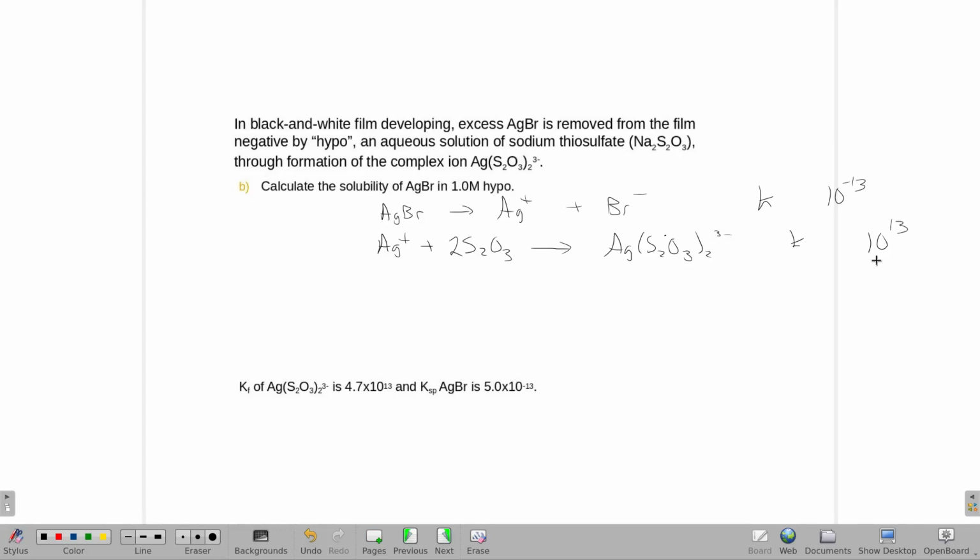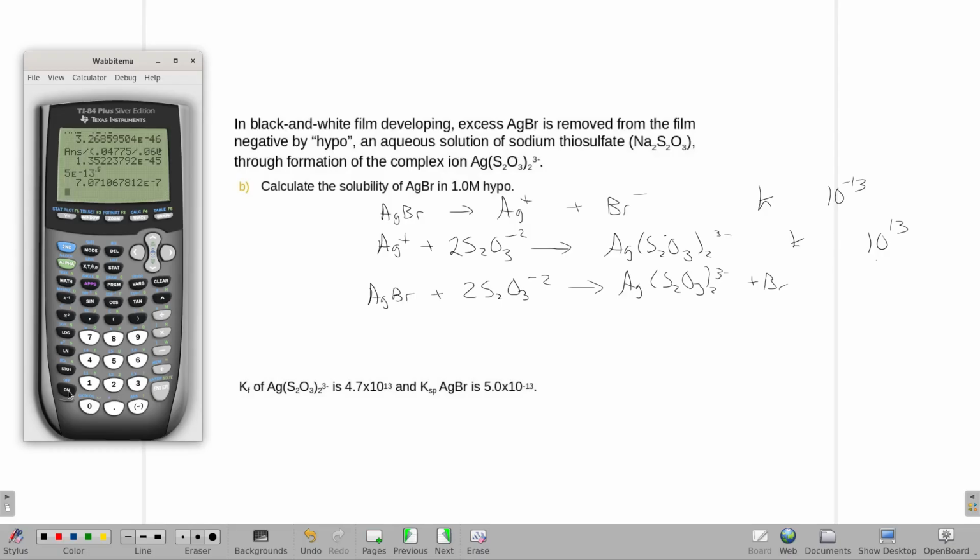Alright, so overall, what we would actually see happening is the silver bromide with that thiosulfate, that should be a minus 2, forms the silver thiosulfate complex and some bromine, but the K is going to be these 2 together.